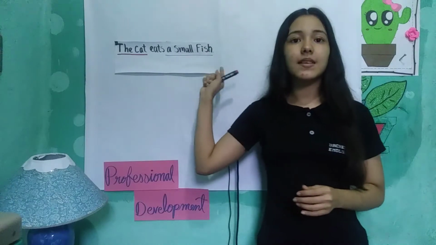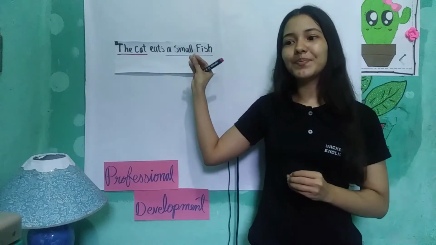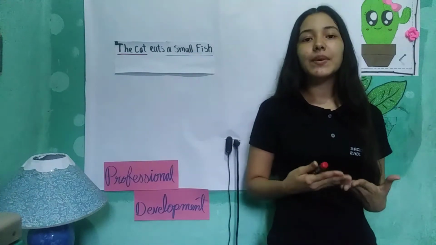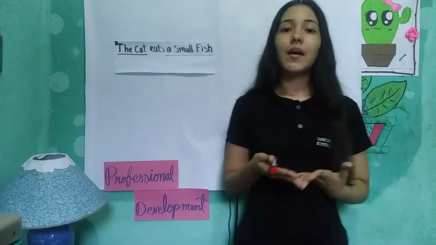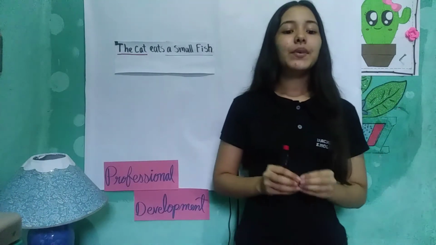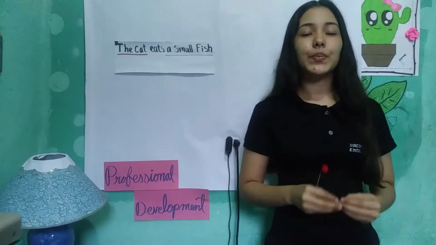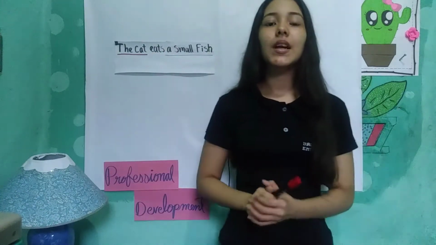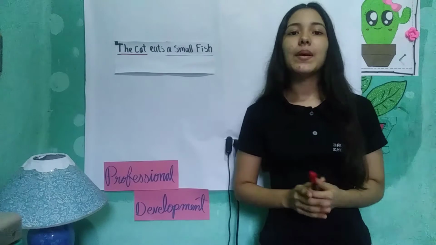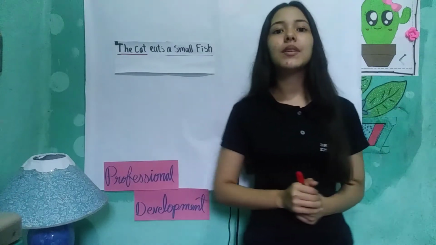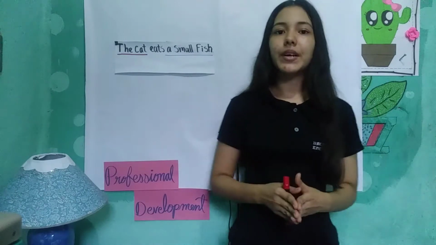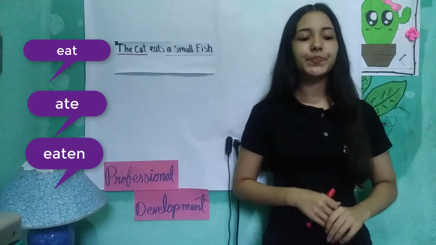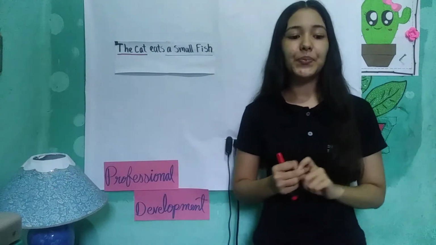This sentence is in present simple, so the auxiliary verb to be will be in present simple too, and the verb is then in the past participle form. So this verb, which is the principal verb, will be in participle. Remember that the participle is the third form of the verb. We have infinitive, past, and participle. We need to know the past participle.